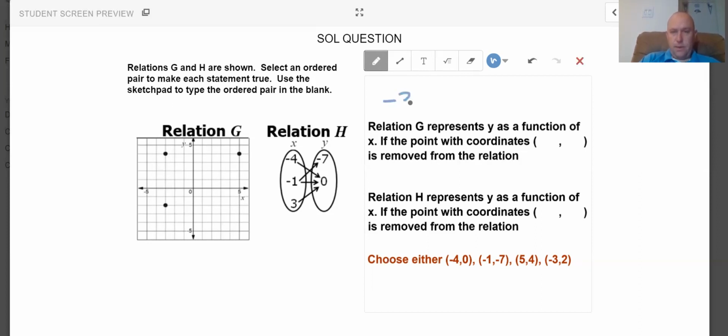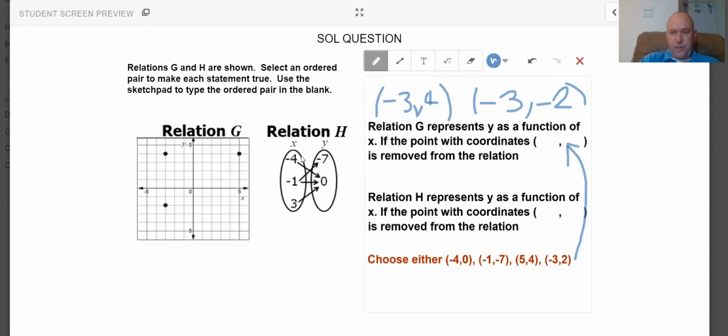Let me just write that down here. Oops, not the greatest comma there. And this one is -3, -2. So if I can remove one of those values, then this would actually work. And -3, 2 is one of my options. So I'm just going to show an arrow to show where that would actually go.